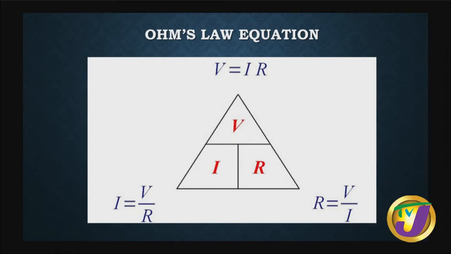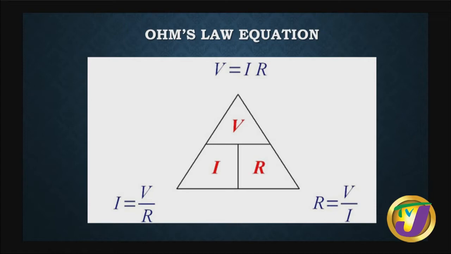The magic triangle is essentially an equilateral triangle, and the symbols for voltage, current, and resistance are arranged in a fashion that you can easily find one if you know the other two. So based on what the magic triangle is showing here, you would have V at the top, I and R at the bottom.